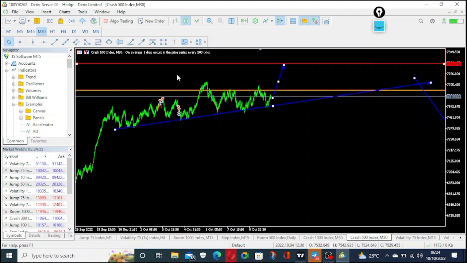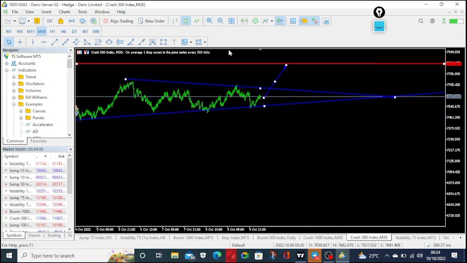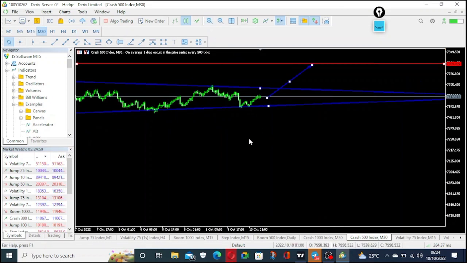Okay, meanwhile we have to watch it closely and see the whole thing play out, because anything can happen in the market. So you have to watch closely and see things play out. When price gets here, it might react. So anything can actually happen. Like I said earlier, the market is more reactive than predictive.